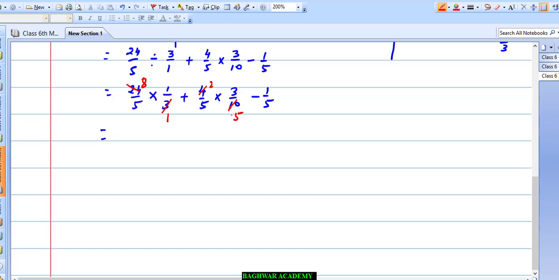Like this we can write. Now in next step, in simple way, just we need to simplify and we can write. So here we have 8 1 is 8, 8 by 5 1 is 5. This portion we have written. Then we will write 2 3 is 6 divided by 5 5 is 25. And then we have minus 1 by 5.